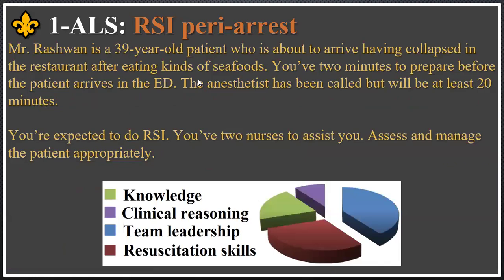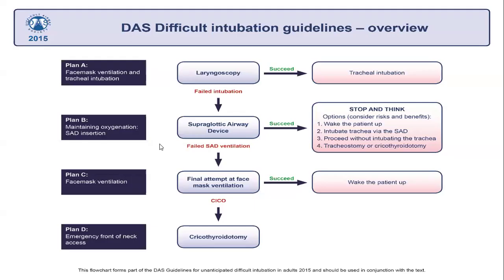Okay. This time you will do intubation, but the patient is alive, okay? Okay, sir. So your task is to do rapid sequence induction. Here you will do pre-oxygenation for 5 minutes.